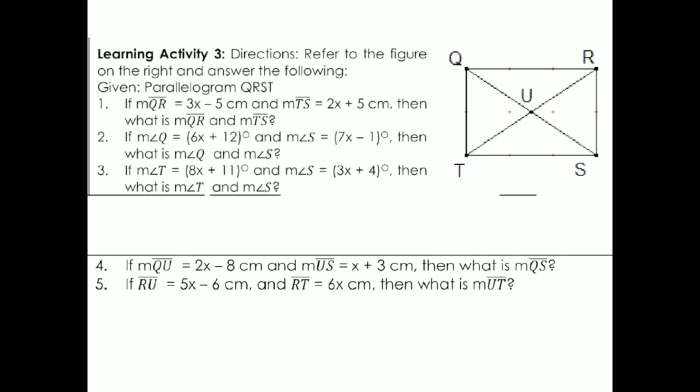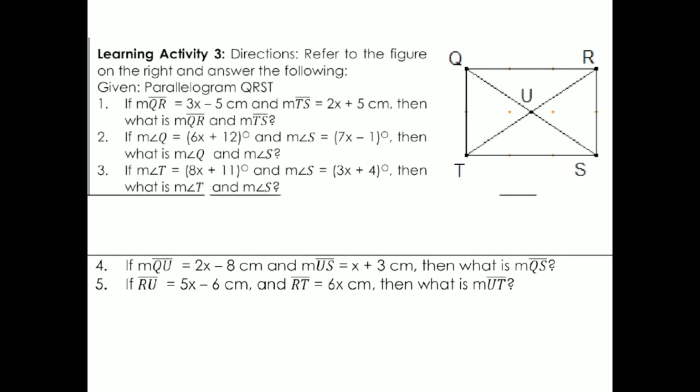So check nyo kung tama yung sagot nyo. So 13. So what is the value of the angle? So substitute natin yung nakuha nating value which is 13. So try natin. Ayan, kahit alin naman dito makukuha natin. So 7x minus 1, try natin dun i-substitute yung nakuha nating 13 na value ng x.